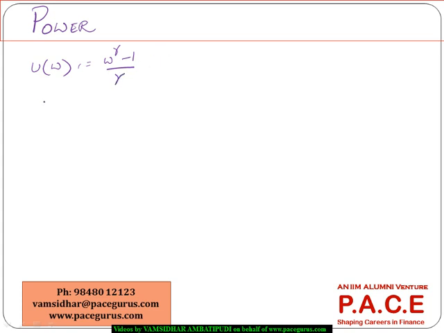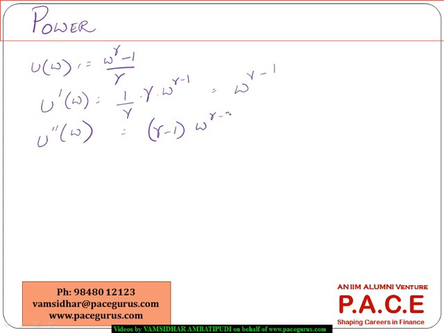So from this again I can find out the first derivative, right, 1 by gamma into gamma w power gamma minus 1. So obviously this is becoming w power gamma minus 1, and since w is positive, obviously the first derivative is going to be positive itself. And what about the second derivative? It is coming out as gamma minus 1 w power gamma minus 2.